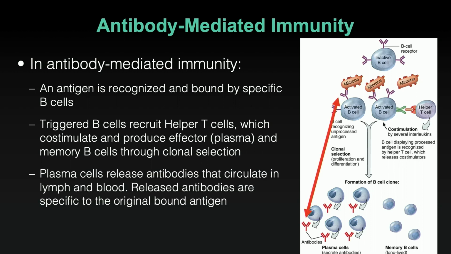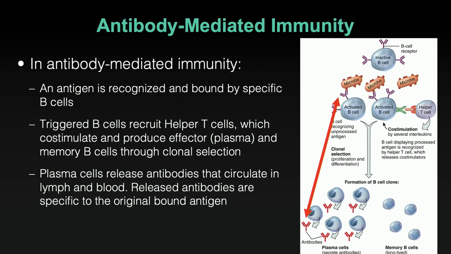The plasma cells are what secrete antibodies into the blood. And this is an important point. The antibodies that are released are specific to the original signal. So the invading microbe, with its epitopes, will bind only specific receptors.